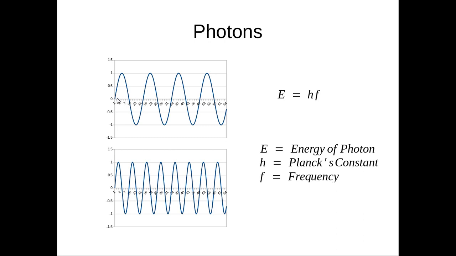So if you measure the frequency of this photon up here and multiply it by h, you get its energy, and you do the same for this one, you get this photon's energy. It turns out because this photon has a higher frequency, it has a larger energy.